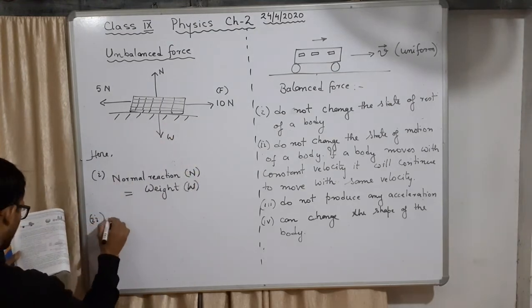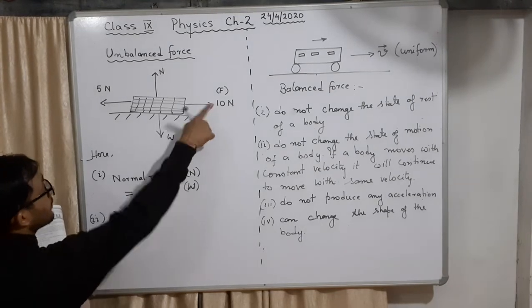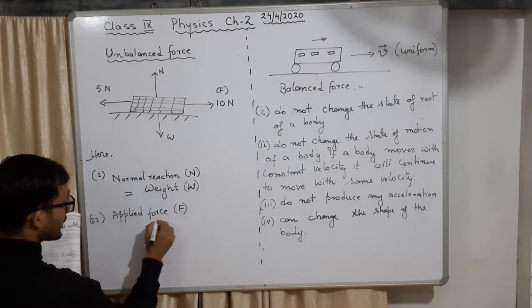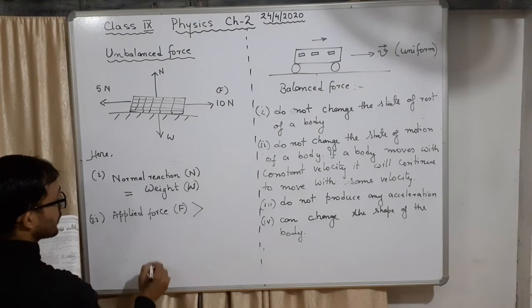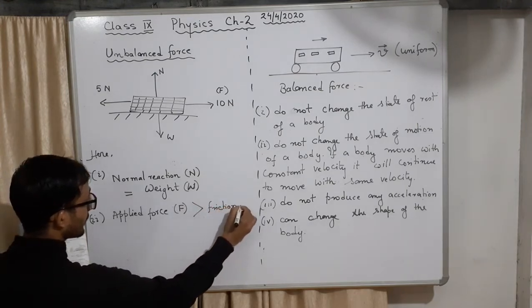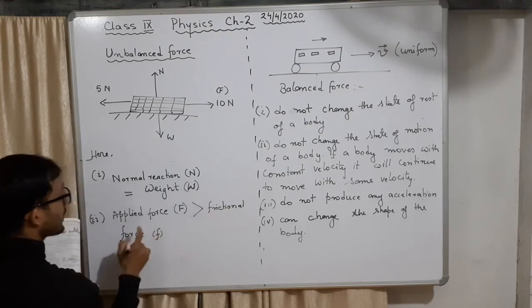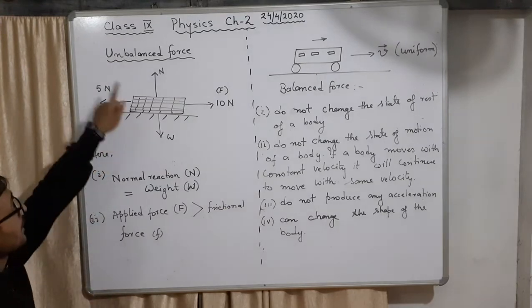Number 2, the applied force, symbolized as capital F, is greater than the frictional force. So that is why it is winning, and the book is moving that way. This is the example of unbalanced force.